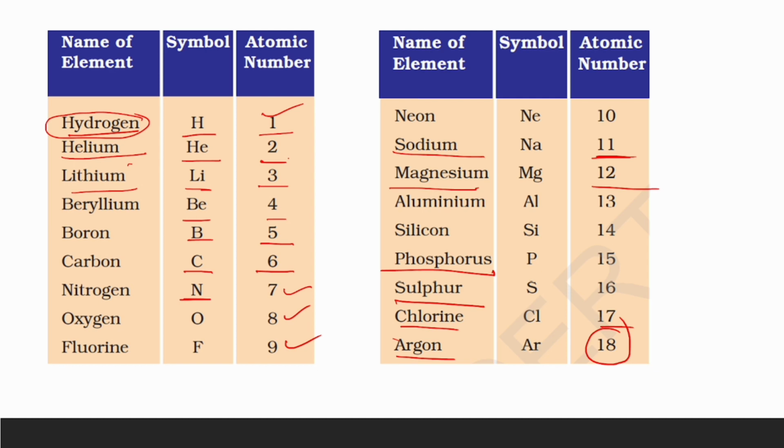Study all the elements in the order: hydrogen, helium, lithium, beryllium, boron, carbon, nitrogen, oxygen, fluorine, neon, sodium, magnesium, aluminium, silicon, phosphorus, sulfur, chlorine and argon. That will be the order of their atomic number. Up to 18 you need to study and write this table in your notebook.